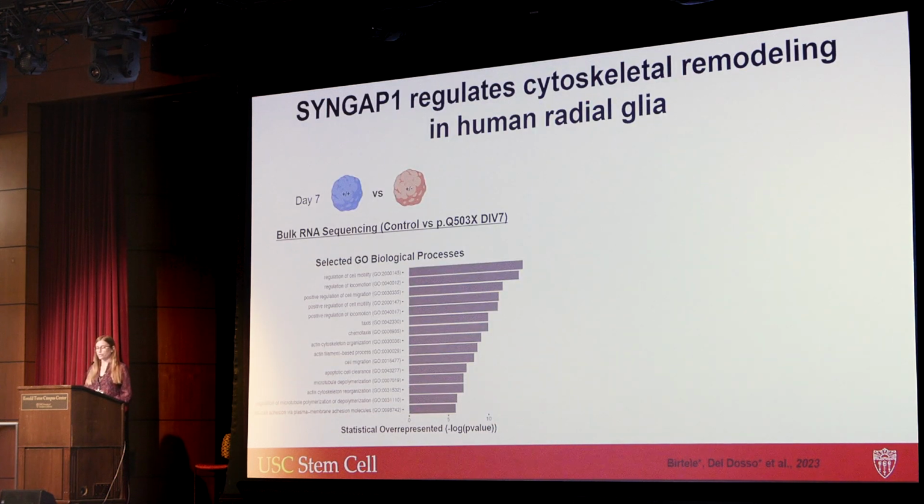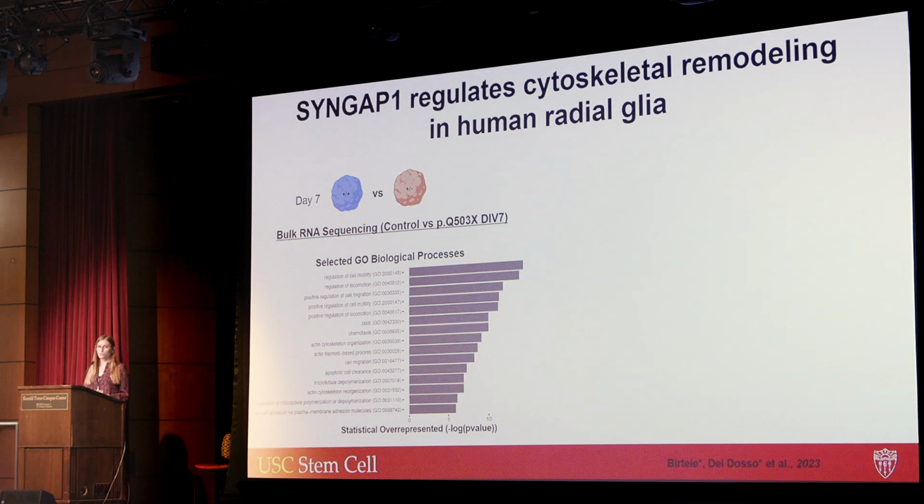So next, we started to wonder what's the function of SYNGAP in radial glia cells. So we performed bulk RNA sequencing from 2 different types of organoids. We derived organoids from a patient carrying a point mutation, this Q503X mutation, that gives rise to haploinsufficiency of the protein.